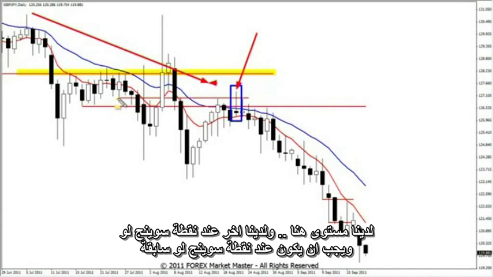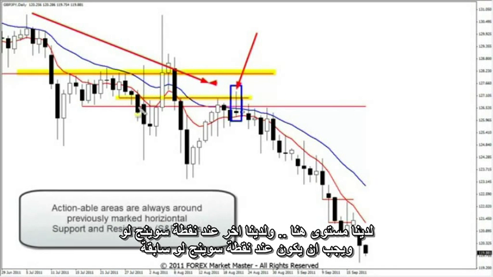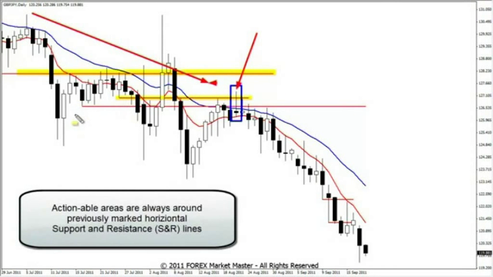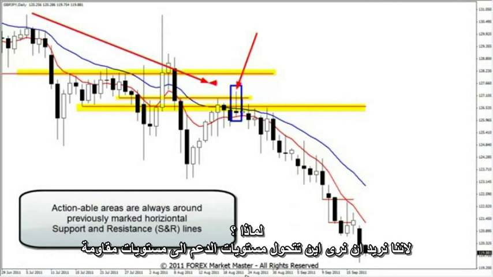We have one here. We have another at a swing low, and it has to be a recent swing low. This is a recent swing low. This is another recent swing low. Now, why is that? Because we want to see where support turns to resistance.